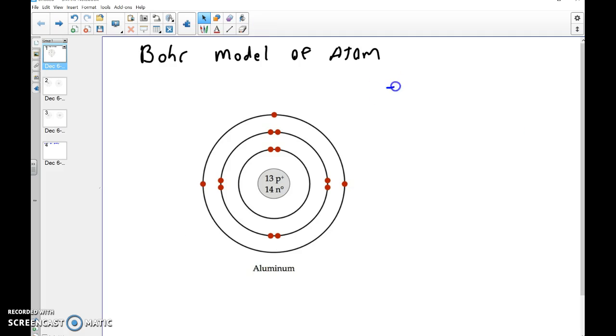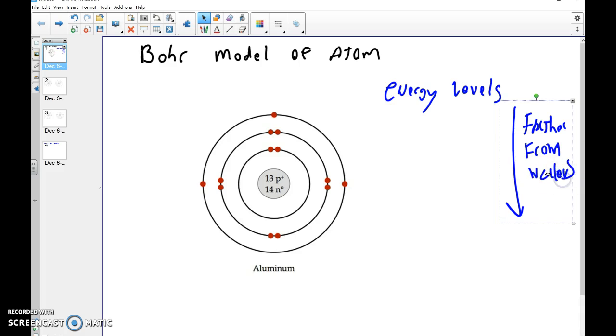What we have here in this diagram are what's known as energy levels. Atoms have multiple energy levels. The energy levels go farther from the nucleus, so the farther you are from the nucleus, the higher the energy level.